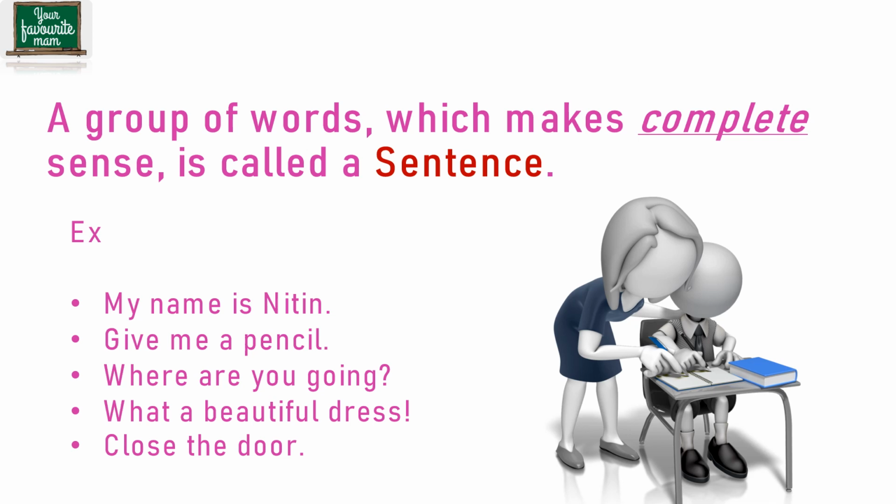The words in a sentence are placed in a proper order to make complete sense. A sentence can be made up of any number of words. And a sentence always begins with a capital letter. A sentence has a full stop, a question mark, or an exclamation mark at the end.